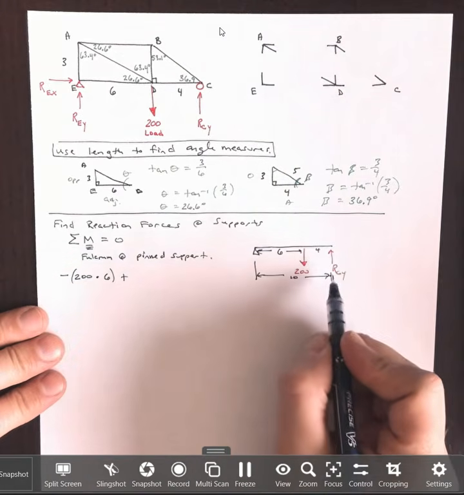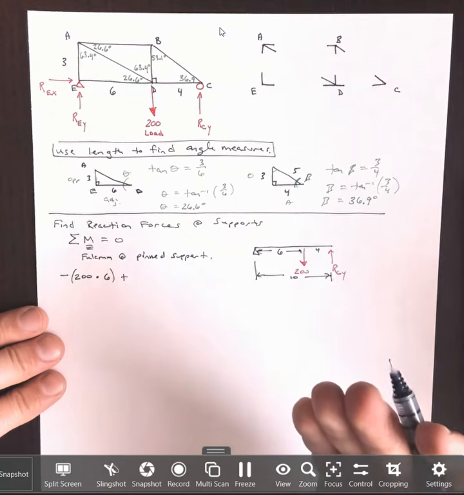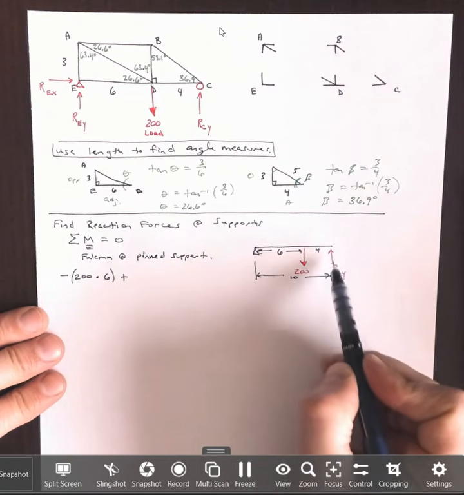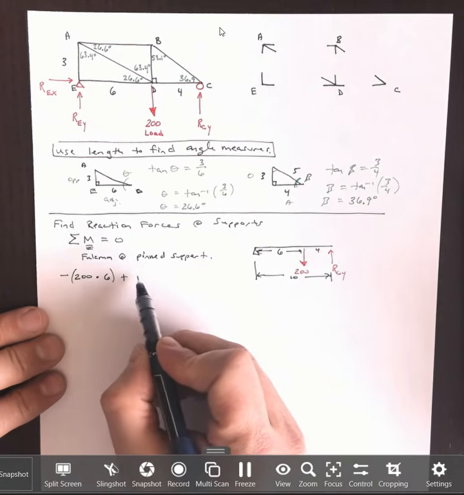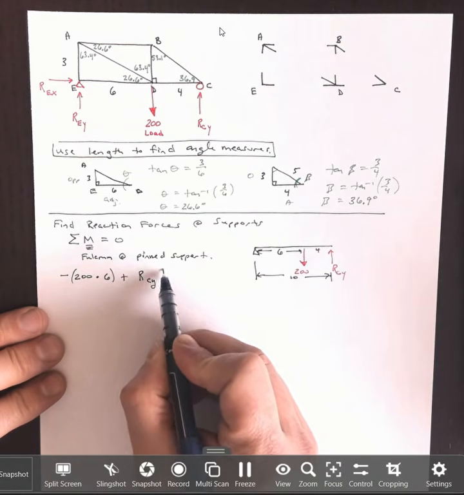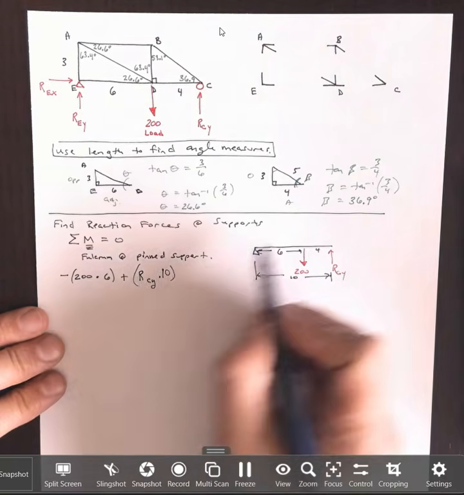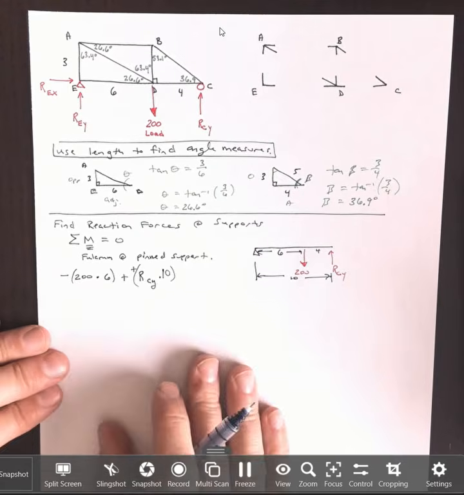And then we know this reaction force is going to be keeping this static, so it's got to be going in the opposite direction. We just don't know how big it is, but we know its distance is 10. And if it's counterclockwise, that would be a positive direction.